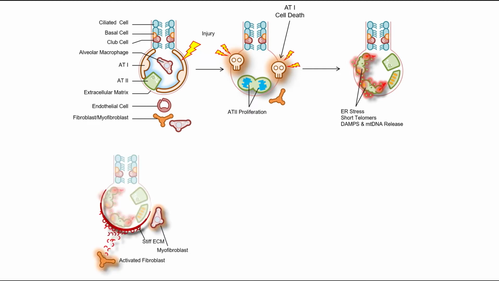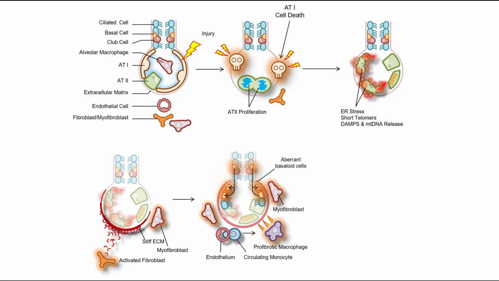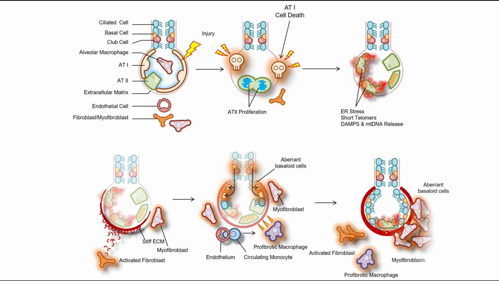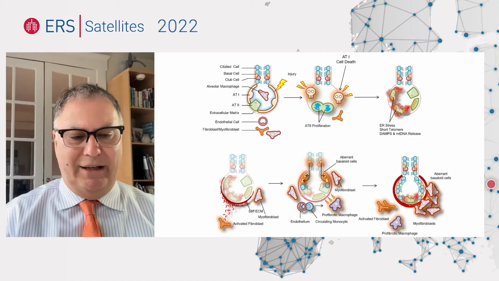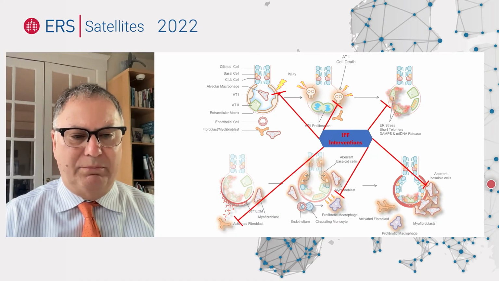This causes activation of fibroblasts, a stiffer extracellular matrix, recruitment of monocyte-derived macrophages from the peripheral blood, myofibroblast transformation, migration or appearance of aberrant basaloid cells. But the main thing is the loss of the respiratory unit. This beautiful unit built for gas exchange is now something that's populated with cells built for gas delivery. Definitely you can't really breathe with it.